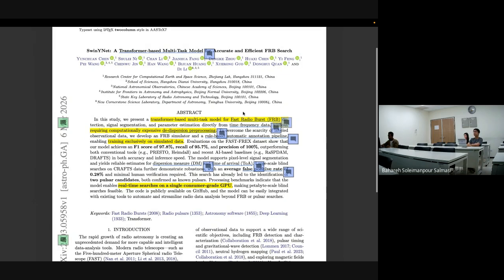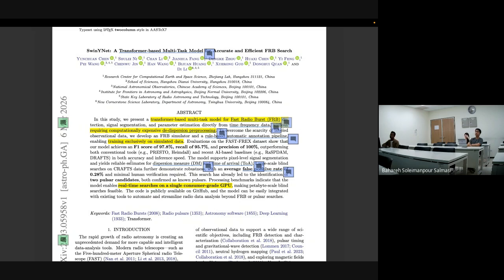This one uses a transformer-based multi-task model to detect fast radio bursts without requiring computationally expensive dedispersion preprocessing. It achieves a really good result, with an F1 score of 97.8, recall of 95, and really high precision. And I think the false positive rate is like 0.